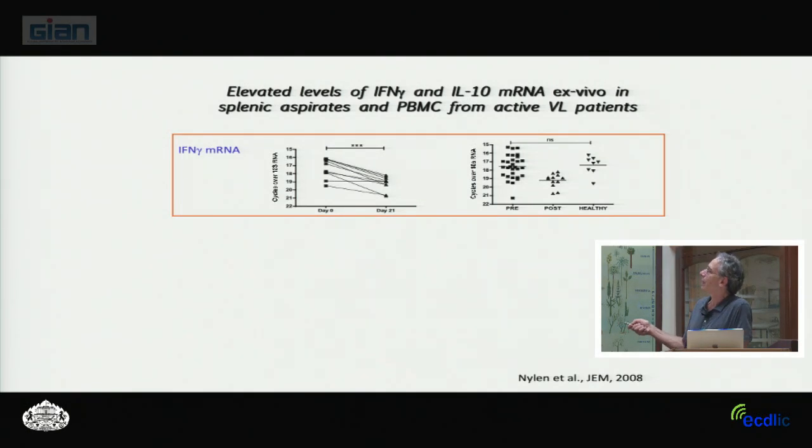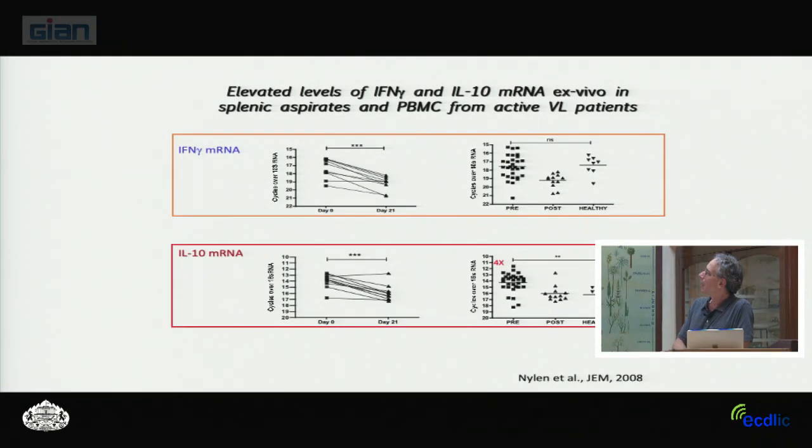So in fact, it was elevated in patients with active disease, and it was at least as high as in splenic biopsies from healthy individuals. So even in lesional tissue like the spleen, there seemed to be an ongoing interferon gamma Th1 response. So why isn't it working?